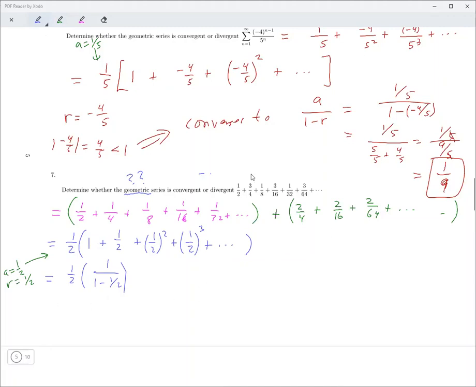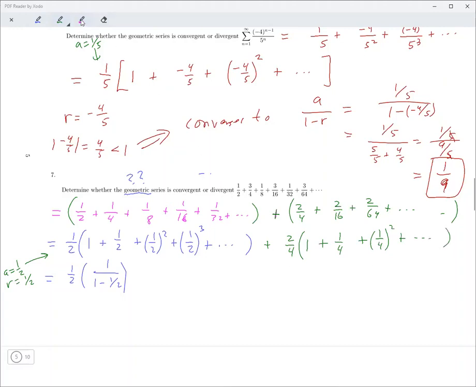And this one over here, meanwhile, you can factor a 2/4 out. It's actually this 1/2. We'll factor 2/4 out, and then it's going to be 1 plus, let's see, if I factor 2/4 out, that will be 1 over 4, right? And then this will be 1/4 squared.